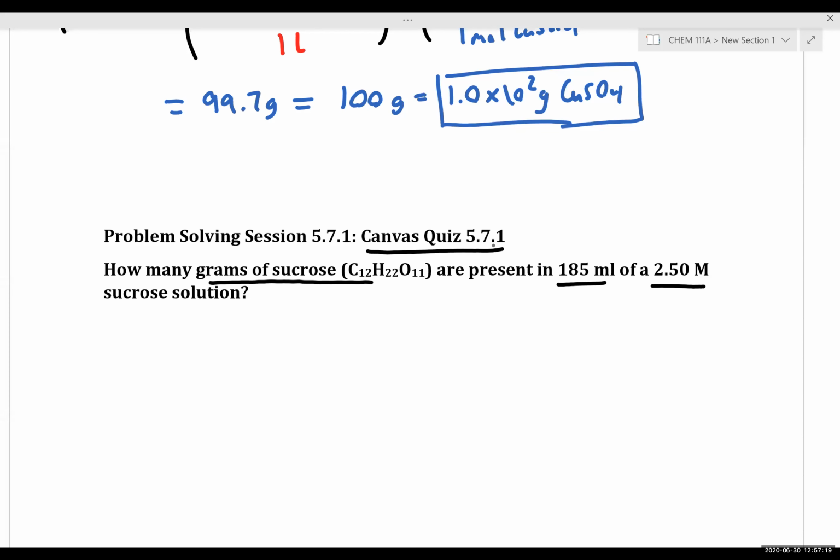And so checking Canvas, we already have a few responses. Remember to convert your volume to liters and to calculate your molar mass for this problem. And we'll discuss in about another 2 to 2.5 minutes. Let's try to get a few more responses via Canvas and in the chat.